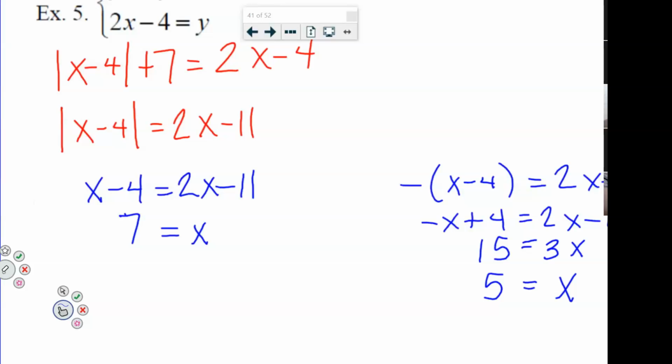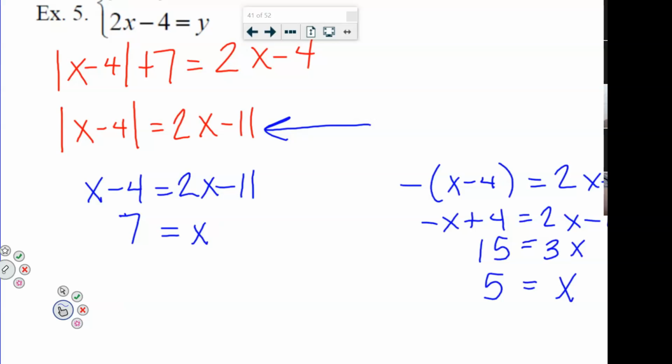Which one is it? It is the 5. How'd you know? Yeah. If I put that 5 in on that right side of the equal sign, I'd get a negative value. I'd get -1. Cannot be negative ever.